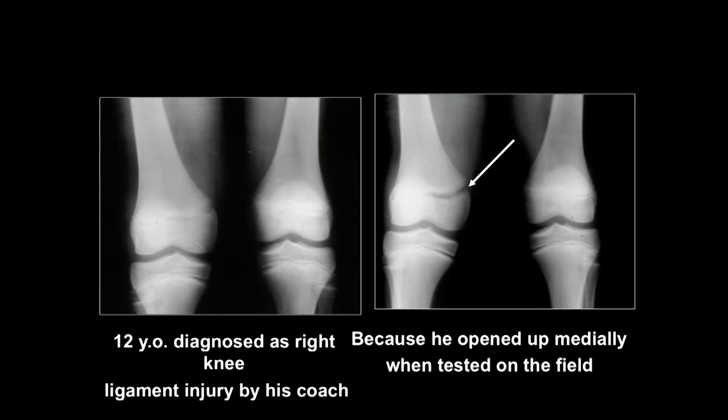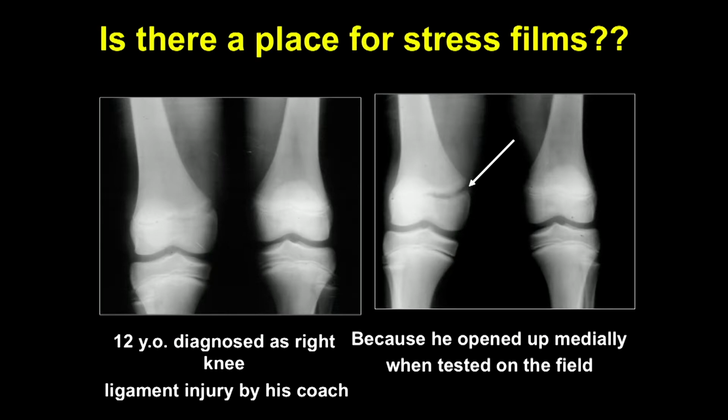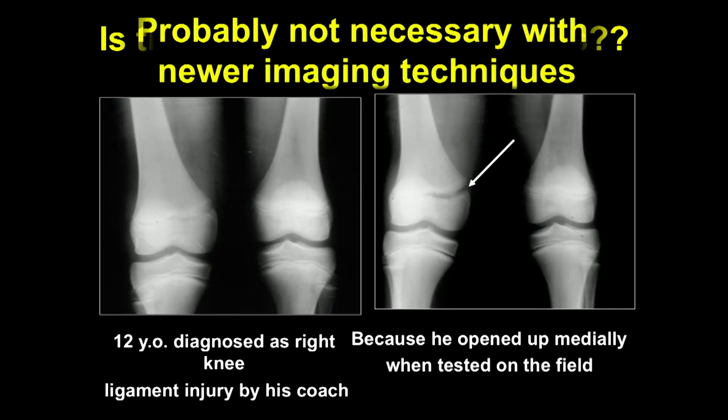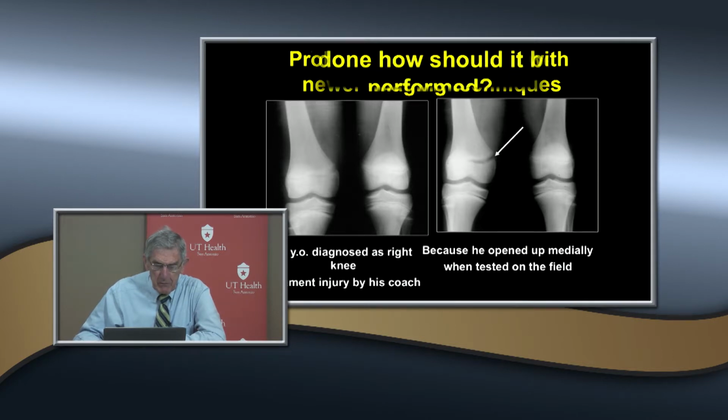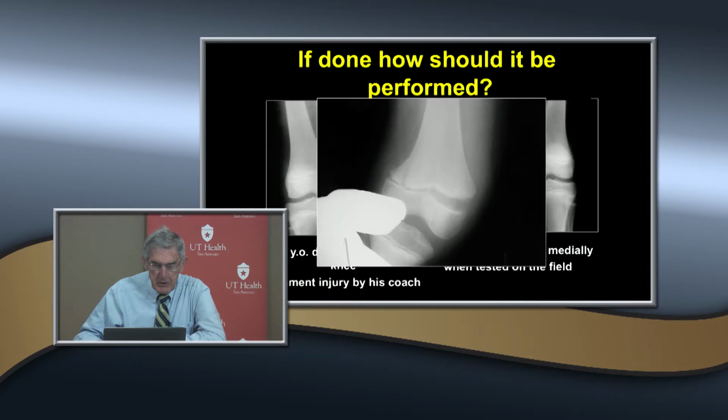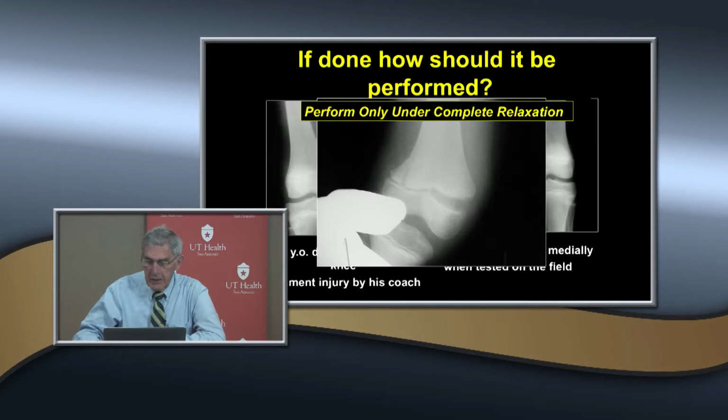Here he is. Now here's where you do the stress view. We used to do this a lot before we had CT scans and so forth, but I don't think it's that important now. Is there a place for stress films? Probably not necessary with some of the newer imaging techniques. It's quite painful to do it, and if you do it, you need to make sure you do it under a general anesthesia with complete relaxation.